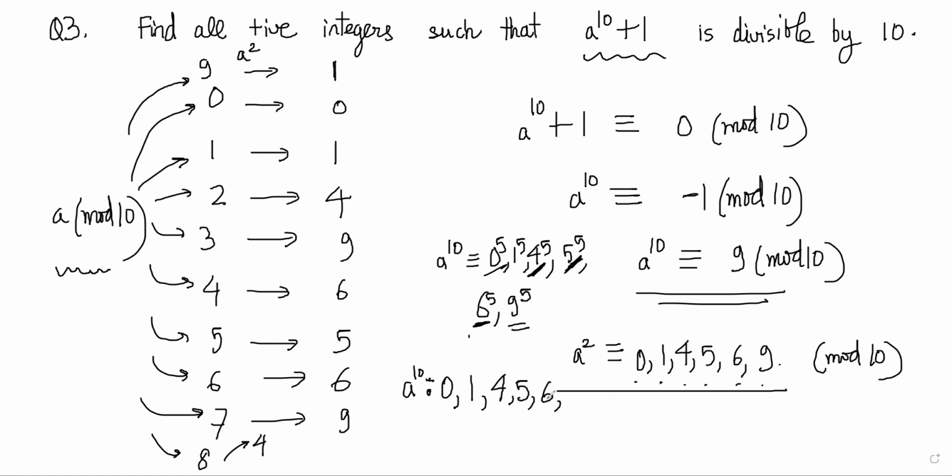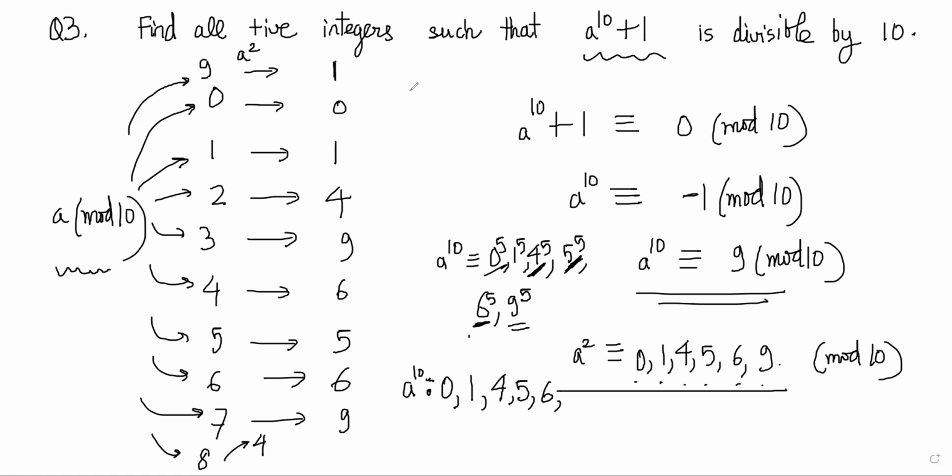And finally, 9 power 5, what is it coming? 9 cube is 729.